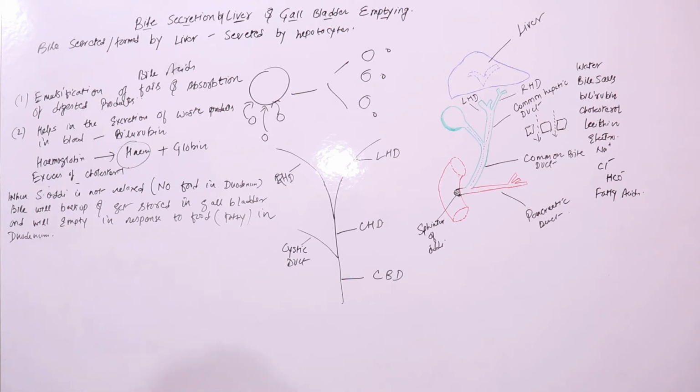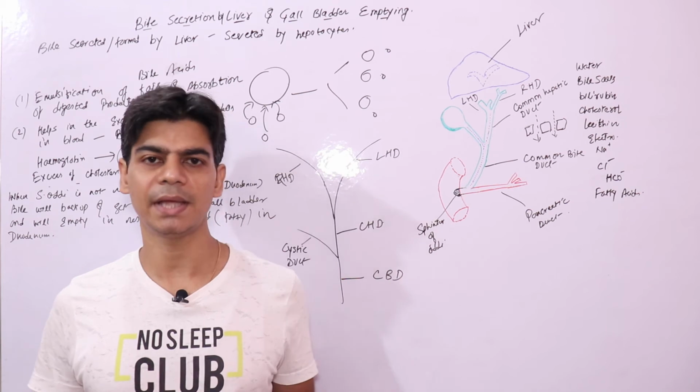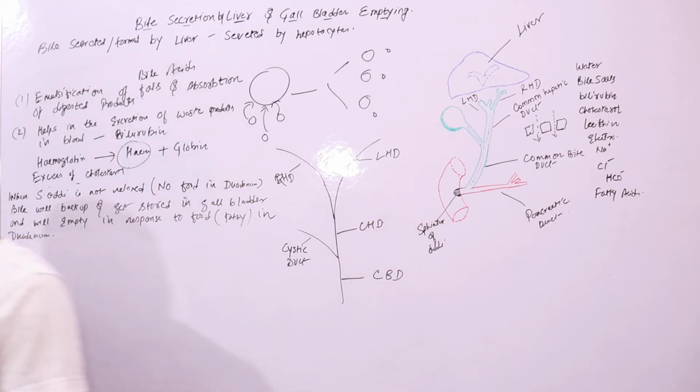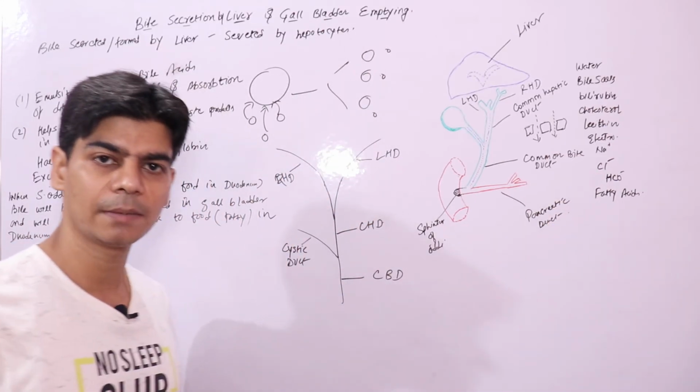Right, now liver bile secretion. The liver secretes around 600 to 1000 ml of bile in a day, just remember that. And its pH is 7.6 to 8.6 because it contains bicarbonate ions, which are basic.